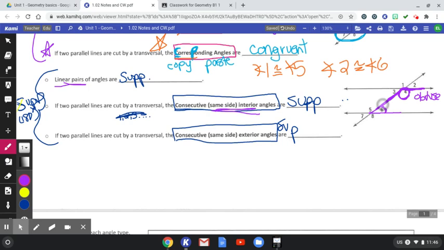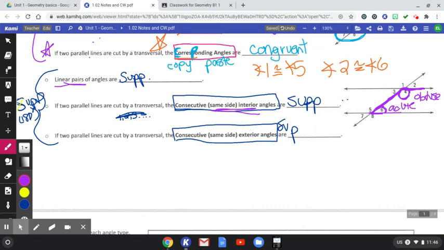That's only open this much here. So that one's acute. So like the last set of words up top, those all look the same. Here we have a big one and a small one. They can't be equal. Something more than 90 degrees and something less than 90 degrees can't equal each other. So what those two are always going to do is add to 180.